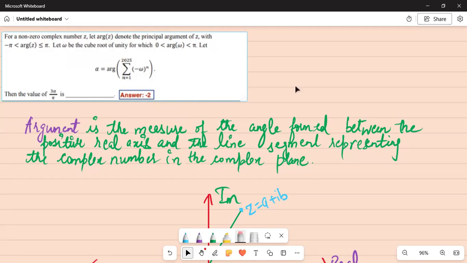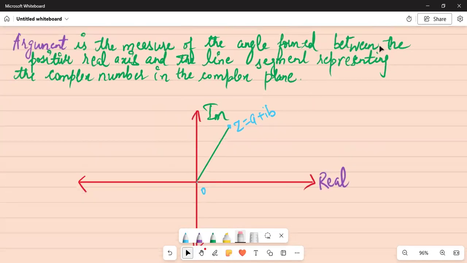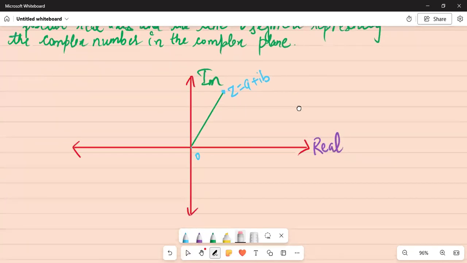So when we talk about argument, what is the definition of argument? Argument is the measure of the angle formed between the positive real axis and the line segment representing the complex number in the complex plane. This is the complex plane. This is the real axis and this is the imaginary axis.